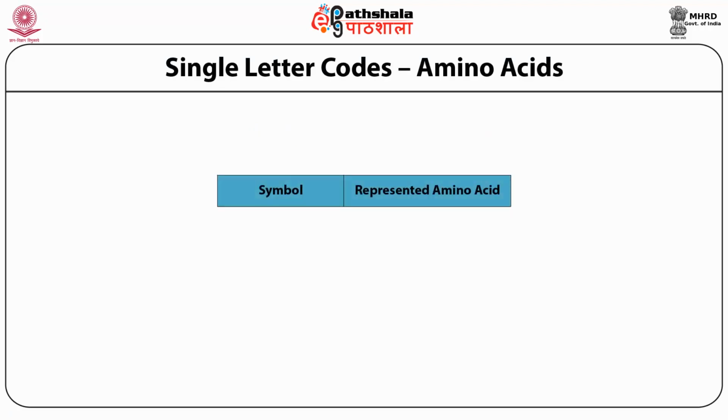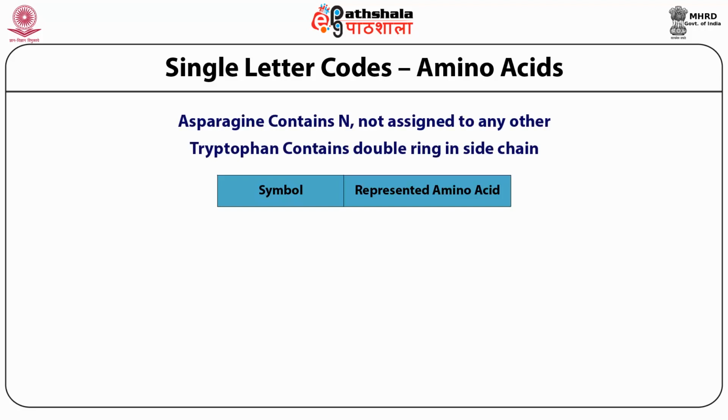There are 2 peculiar cases in the amino acids. Asparagine contains N, and the N is not assigned to any other amino acid, therefore it is assigned to asparagine. Tryptophan is an amino acid which contains a double ring in its side chain, therefore W is assigned to tryptophan.